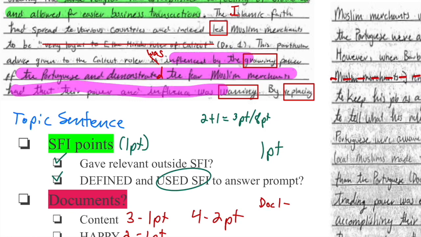So here they have done HIP. What aspect of HIP did they do with document 1? Remember that H is context, I is intended audience, P is purpose, and the last P is point of view. Point of view. You could say that the Muslim merchants feared Portuguese power and influence.